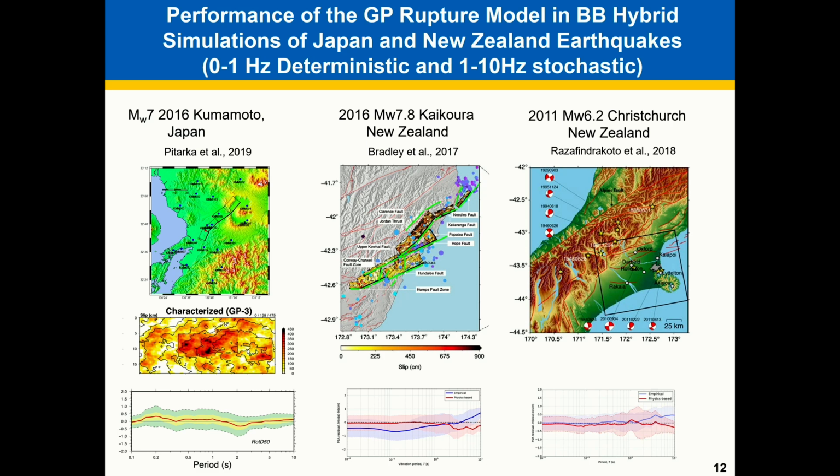The example they show here is that the simulation based on the GP rupture performs even better than the ground motion models, especially at some long periods. So this is an experience that we would like to continue, and apply our prediction capability in other parts of the world, including Japan, Italy, and New Zealand.